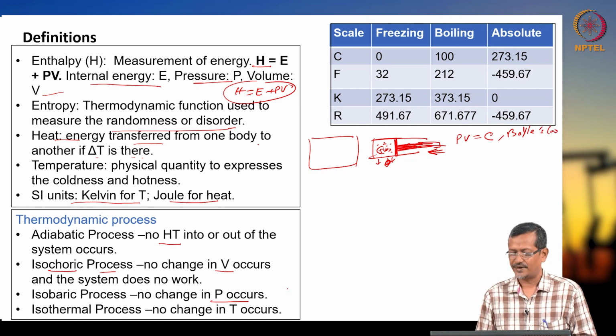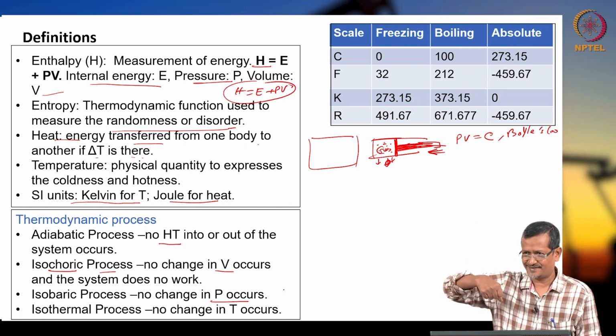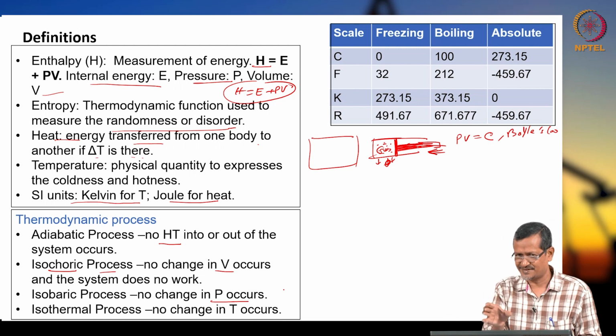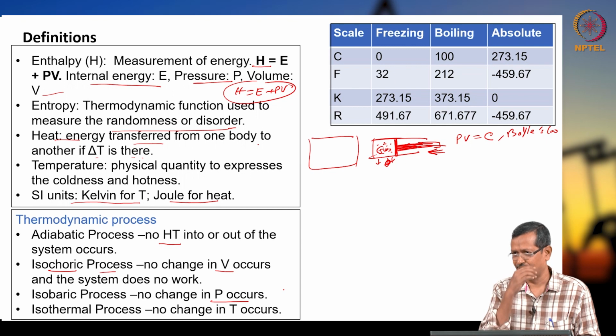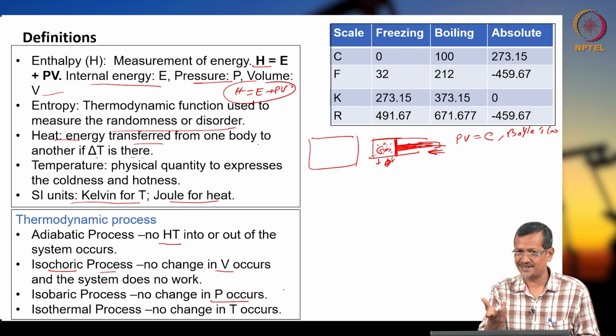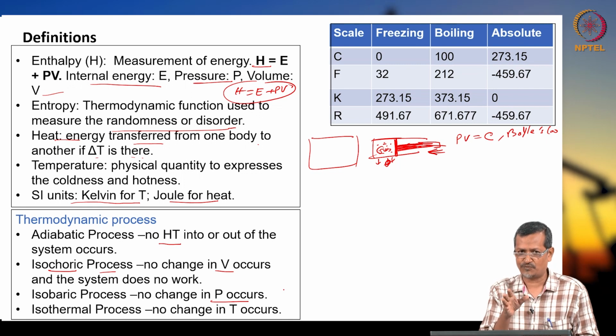But if you make a faster process, like taking a bicycle pump and pushing very fast, if you touch the cylinder wall it will be very much heated up. The temperature increased, so you did not maintain the isothermal condition, and Boyle's law will not hold.